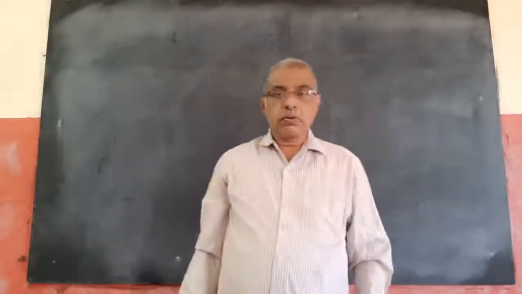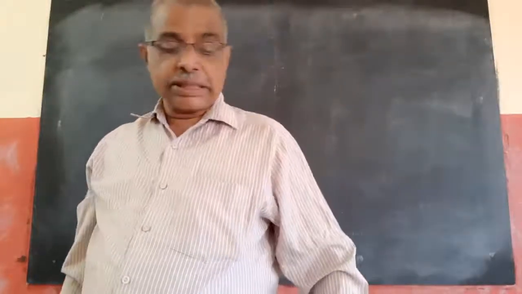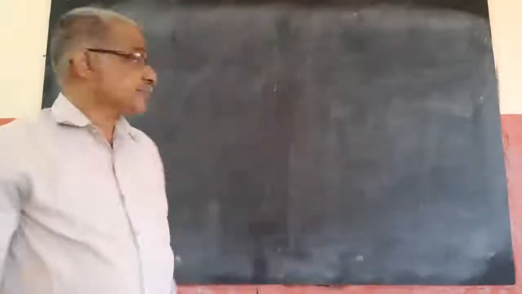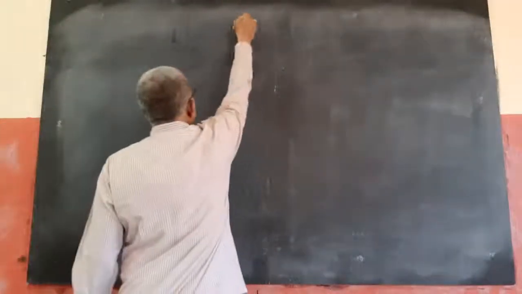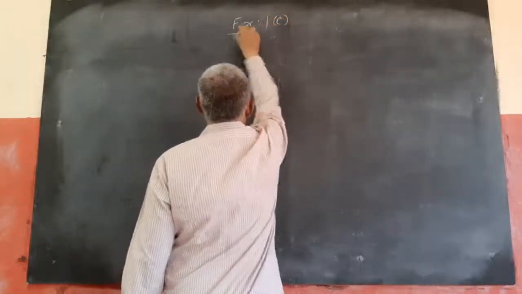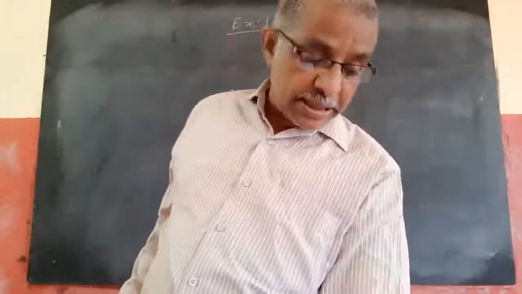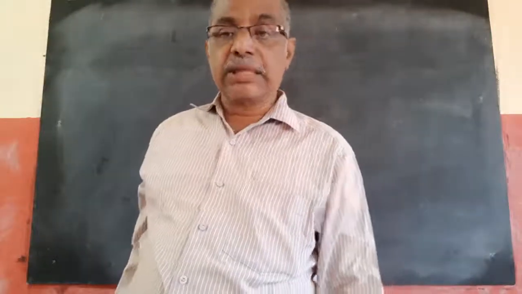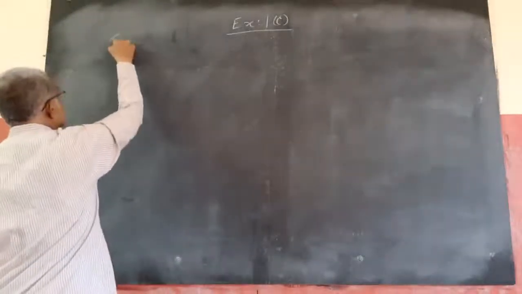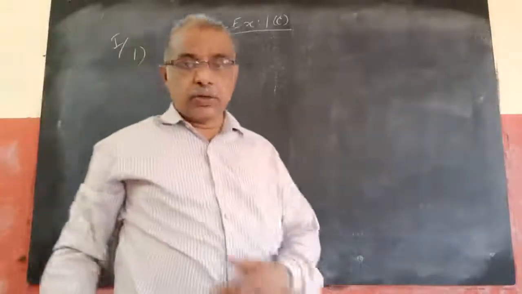Now we will discuss how to find the domain and range of all these different functions in exercise 1C. First problem: find the domains of the following real valued functions.